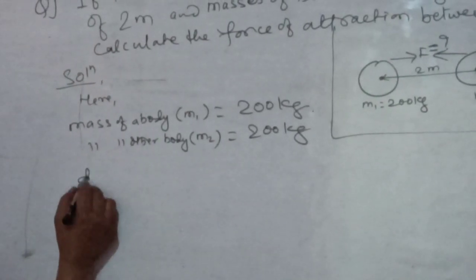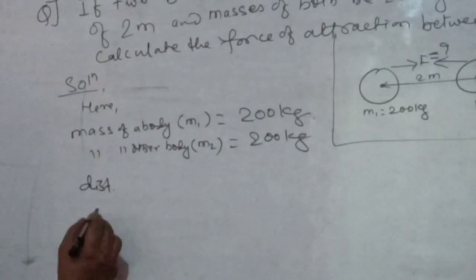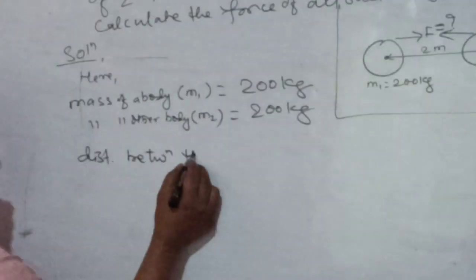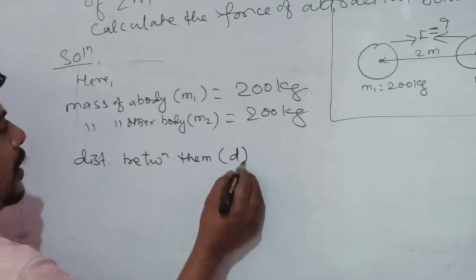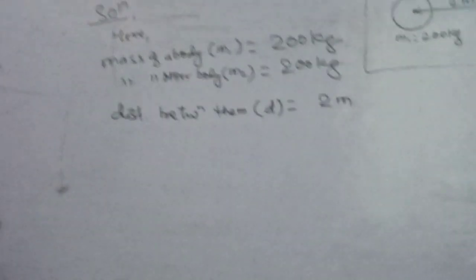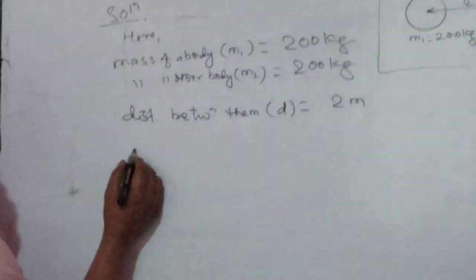The distance between them, symbol small d, is given as 2 meter.